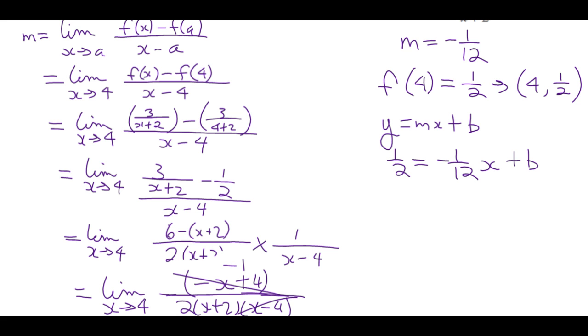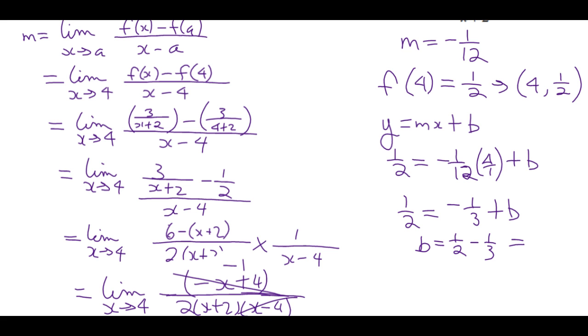Actually, I don't like that. I like the y minus y1 one, but I don't know, any huge difference? Oh wait, hang on. So x is 4, let's write that as 4. So 1/2 is negative what? 1/3. What's a half minus a third?